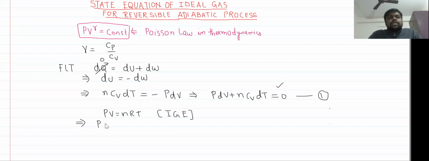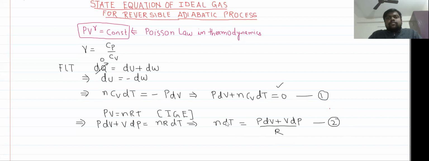P into differentiation of the first term plus V into differentiation of the second term will be equal to nR, which is a constant, so differentiation of the right hand side will be nR dT. So from here we got the value of n dT is equal to (PdV plus VdP) by R. This is the second equation.